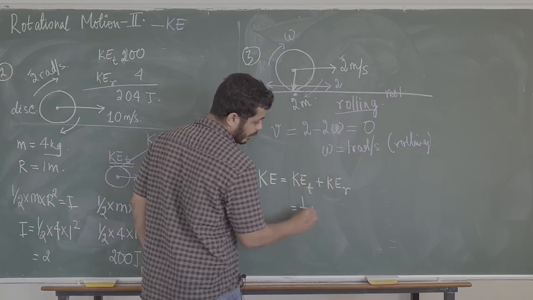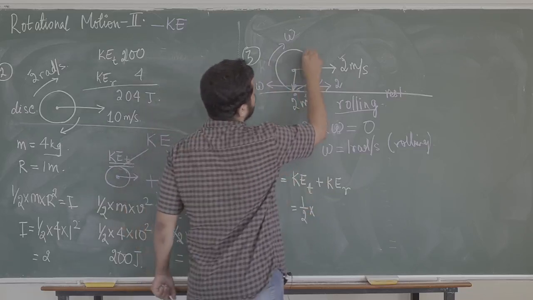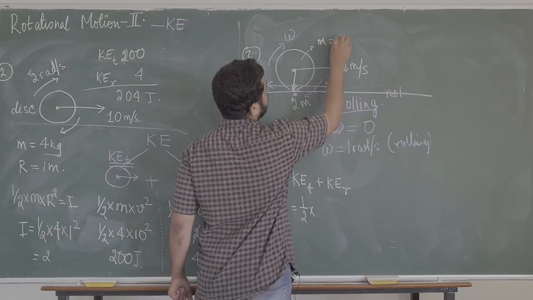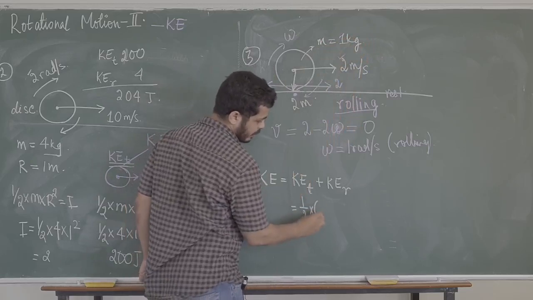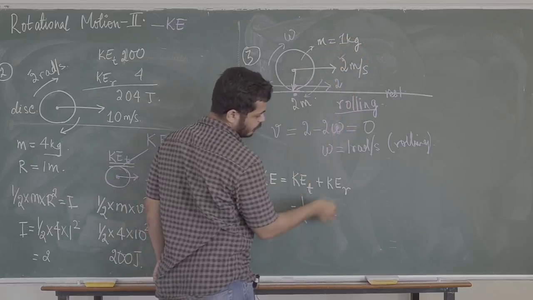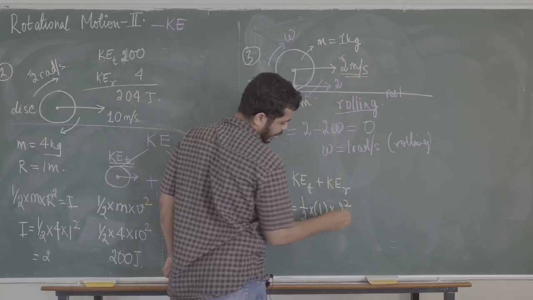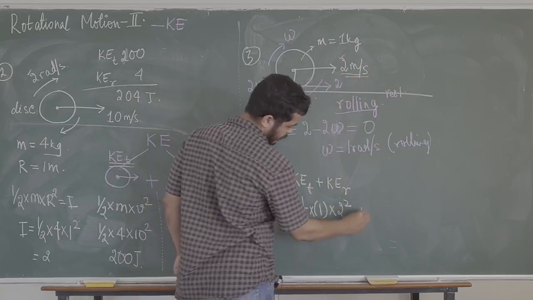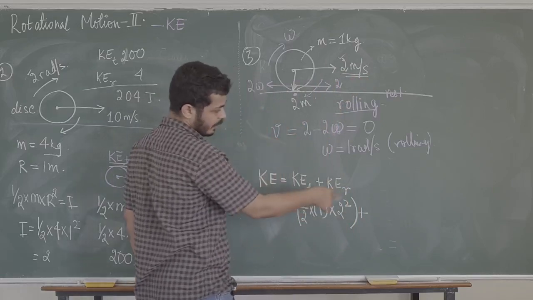Half into mass. What is the mass of this thing? I did not give you a mass. So let us say the mass is equal to 1 kg. Let's just take some simple values so we can solve it. So half into 1 into v squared. So v is 2 meters per second. Half mv squared, plus what is the thing for rotation?